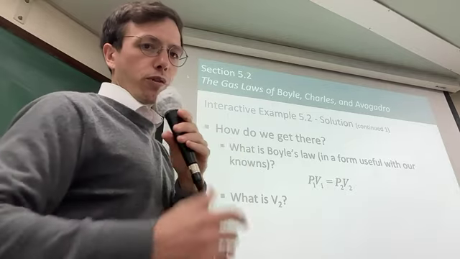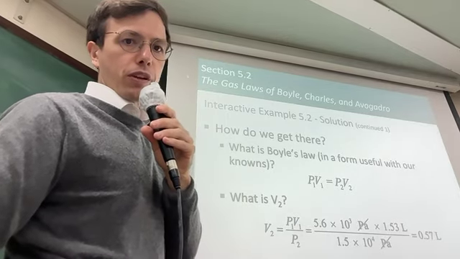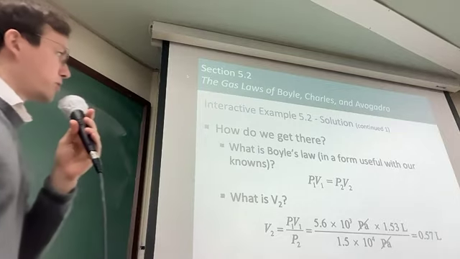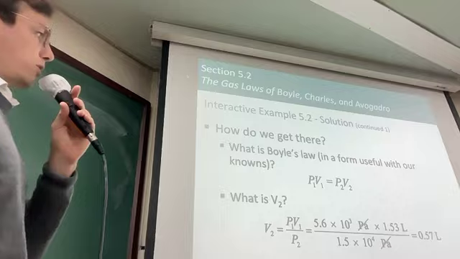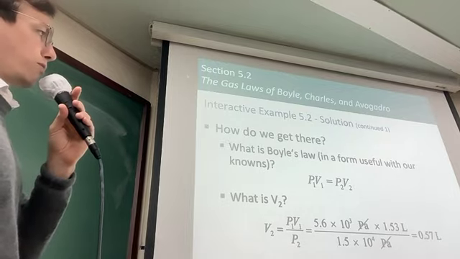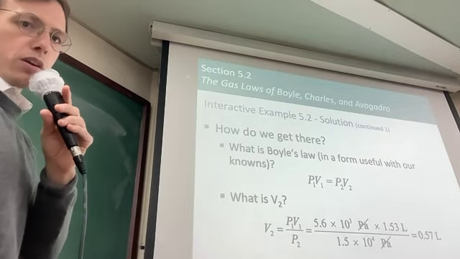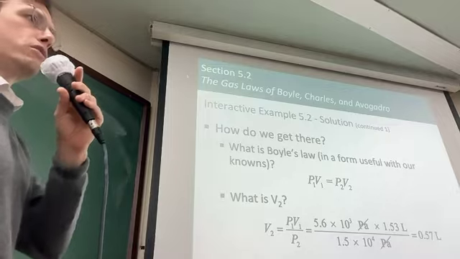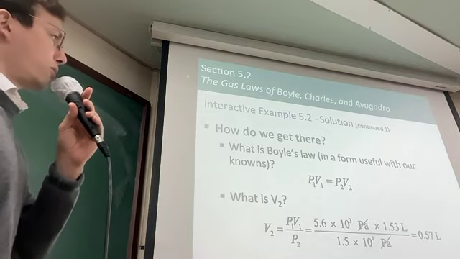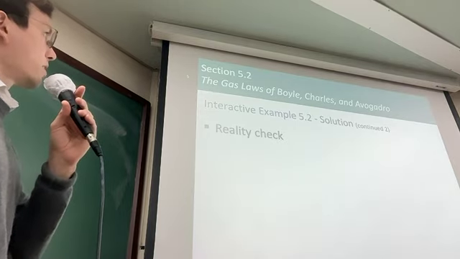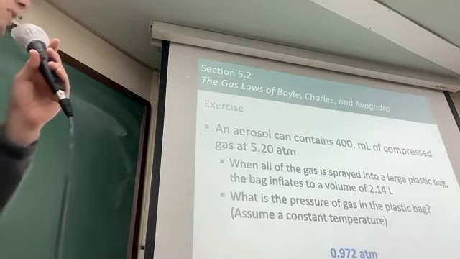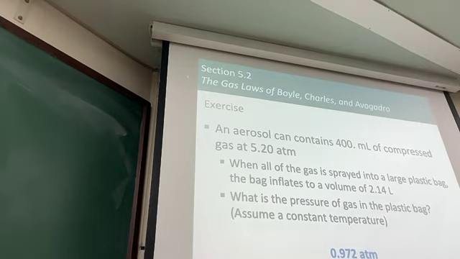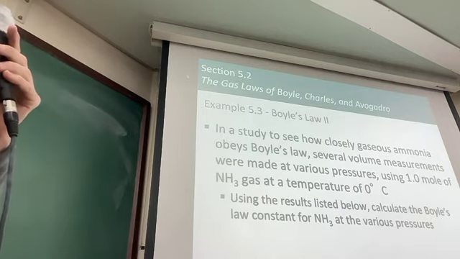So we just solve for V2. We get V2 is P1 V1 over P2. We insert everything with the units, and we get 0.57 liter. It is smaller than before because the pressure increased, so you did everything correctly. You can do this exercise for yourself as practice.